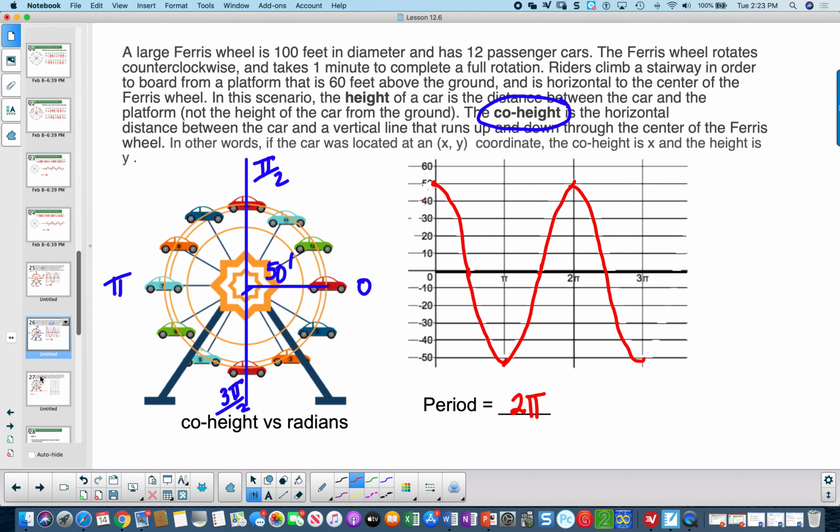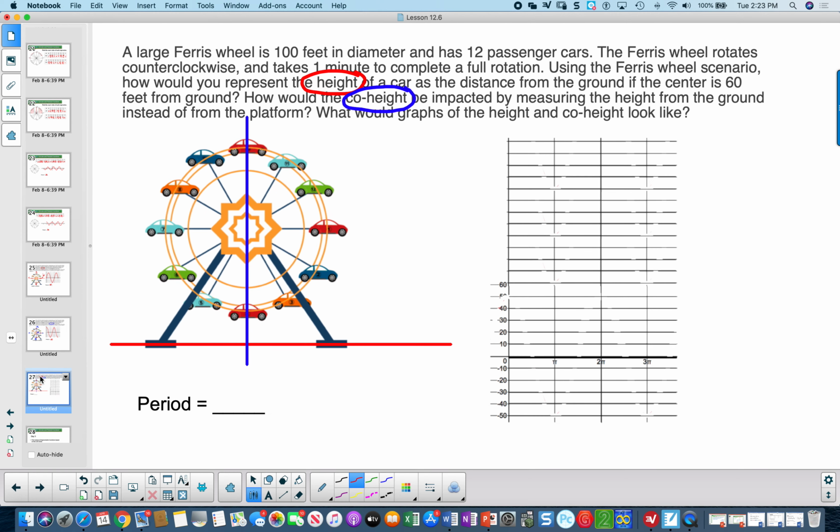Now, what happens if we just look at the height and co-height, but this time we're looking at the ground, which is the center is 60 feet. So this center right here is 60 feet from the ground. We'll look at this car right here at first, and you can see that from the ground, this car is 60 feet above the ground.